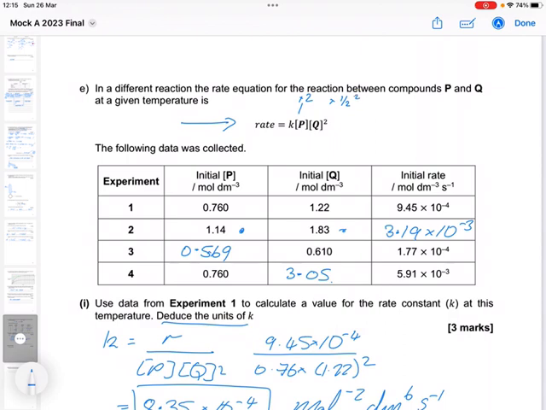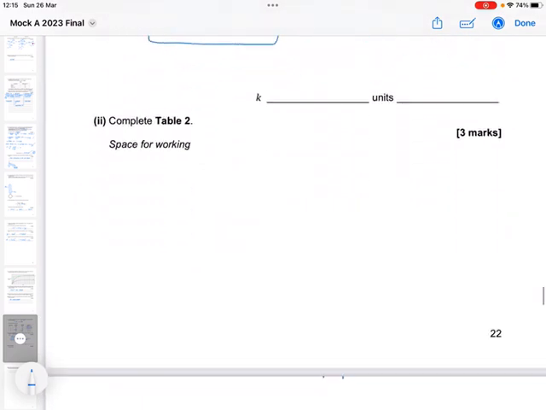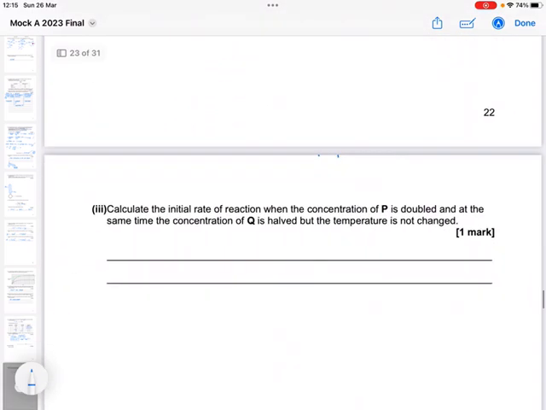So what I need to do now is take this value here, times it by 2, and then times it by a half squared, and that will give me my rate. So 9.45 times 10^-4 times 2 times a half squared, because that one is second order, and that gives me 4.725 times 10^-4.